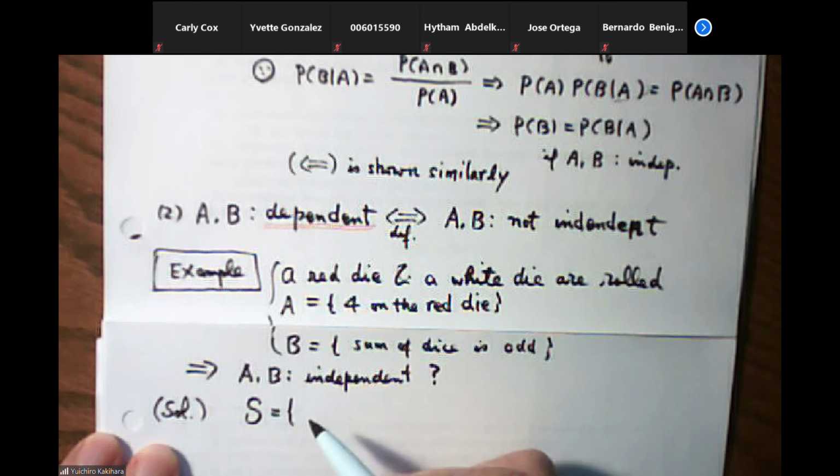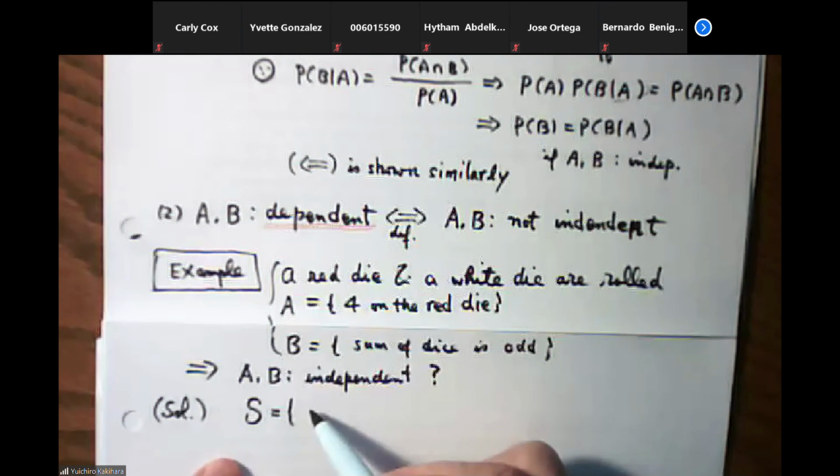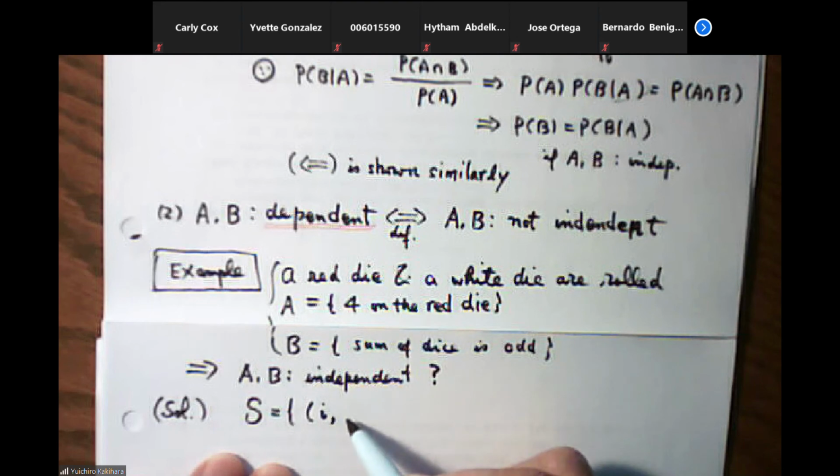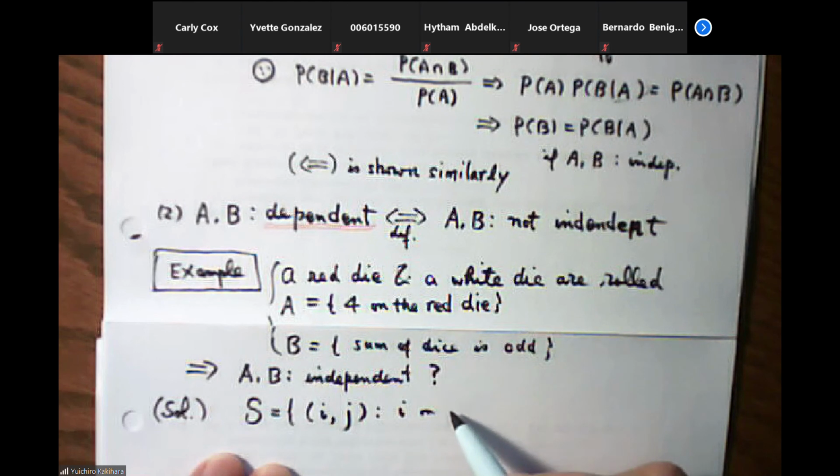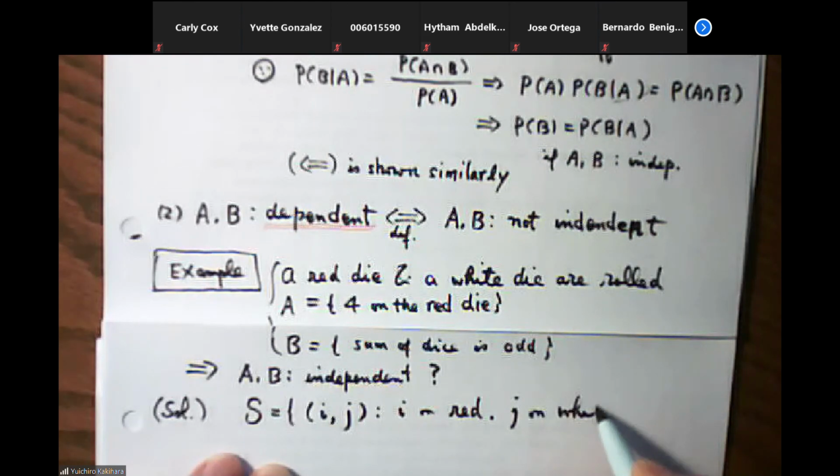Two dice are rolled. The first die, the red die, shows some number I, and the white die shows some number J. So I on the red die and J on the white die. This is the sample space, and necessarily there are 36 outcomes.